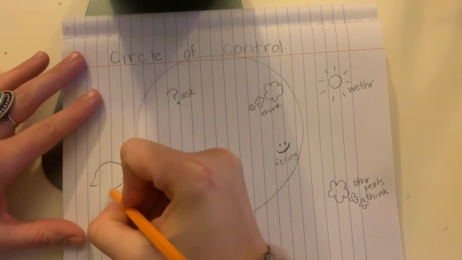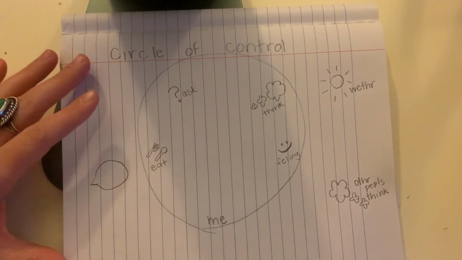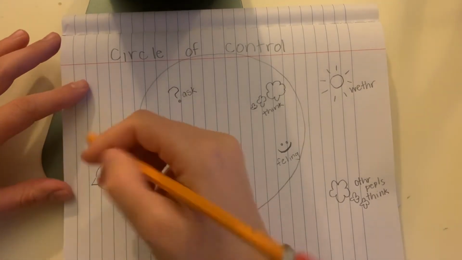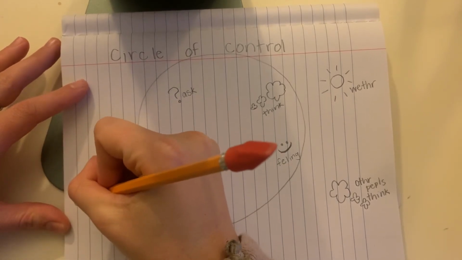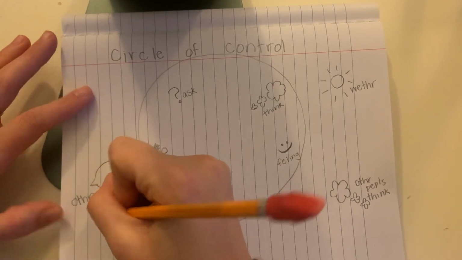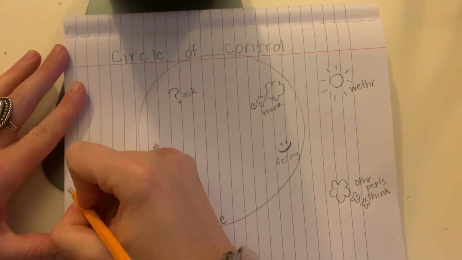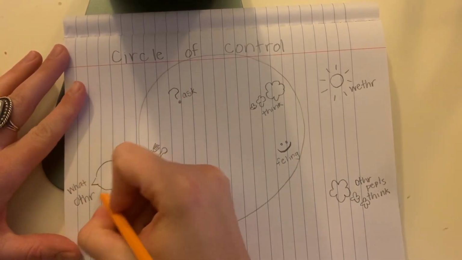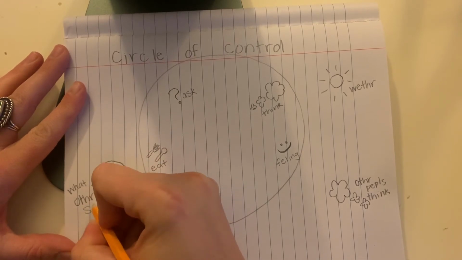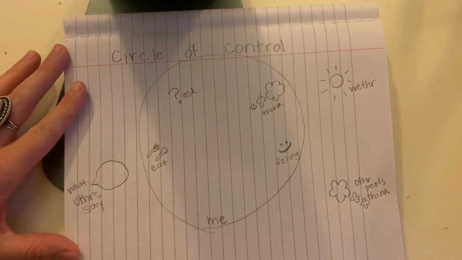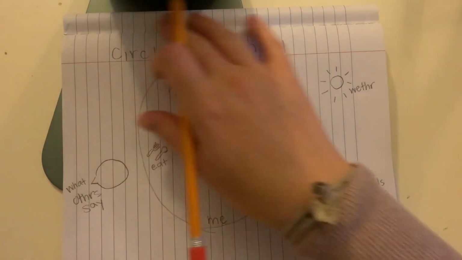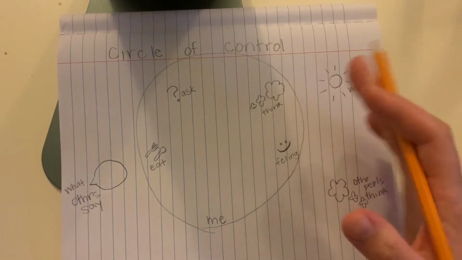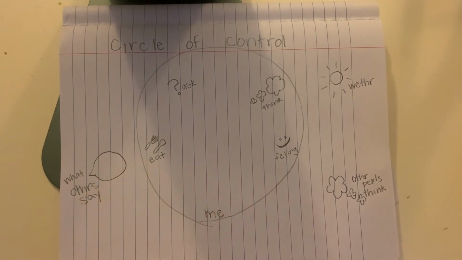So the same way that you can't make me say something, I can't make you say something. What others say, I can't control what others say. There are a lot of other things that I can't control. Overall, I really can't control you. I can't control the earth.